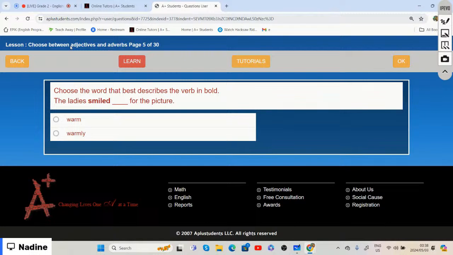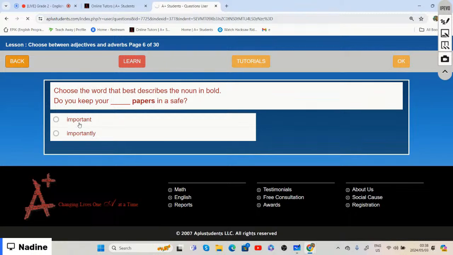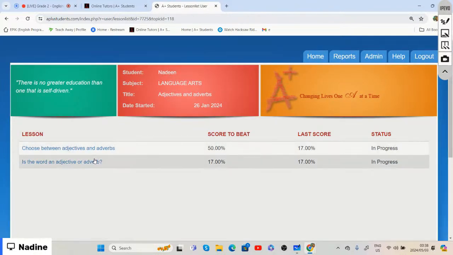Do we say warm or warmly for the pictures? So in this case, we would say they smiled warmly because that is now also you asking yourself, how are they smiling, right? So they will say warmly. So well done. So we're now going to select the word if it's an adjective or an adverb. Once again, an adverb tells us more about a verb.